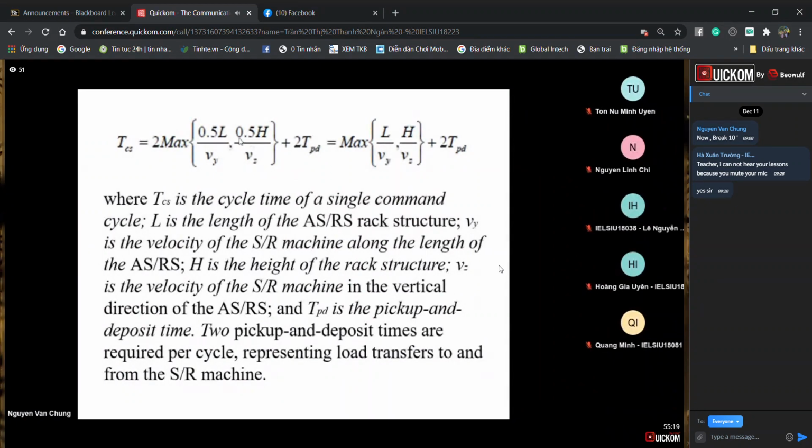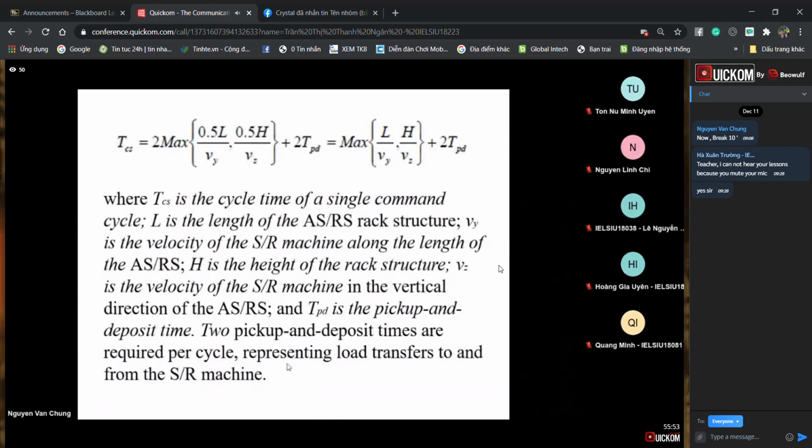Then you have the length and the height of the structure. And T_PD is the pickup and deposit time. Two pickup and deposit times are required per cycle, representing load transfer to and from the S/R machine.